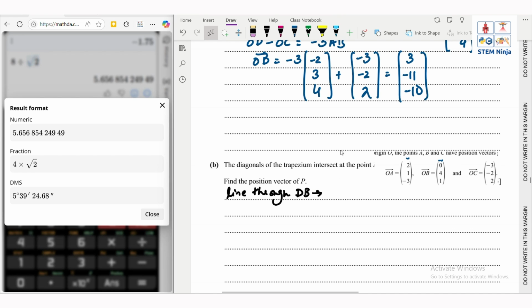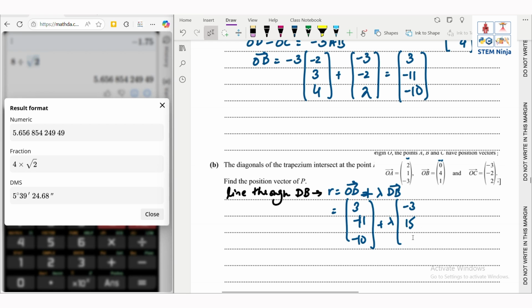DB would go OD plus lambda DB. So OD is 3, minus 11, minus 10, plus lambda. DB is going to be B minus D. So 0 minus 3, minus 3. 4 minus 11, so 15.